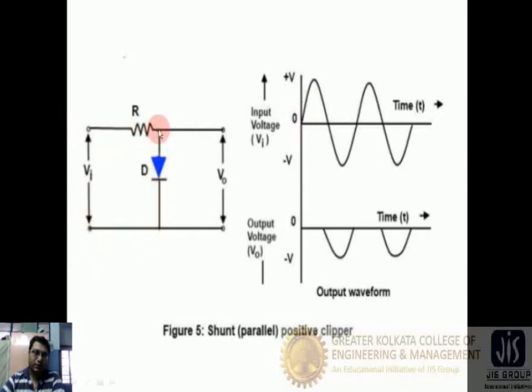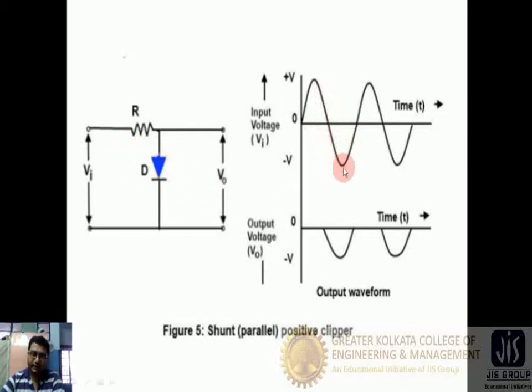When the diode is in forward bias, it acts as a short circuit. For an ideal diode, it's just a conductor and makes a short circuit, and there will be no potential drop across a short circuit. That is why we cannot get any output in case of the positive peak of the input signal across the diode.